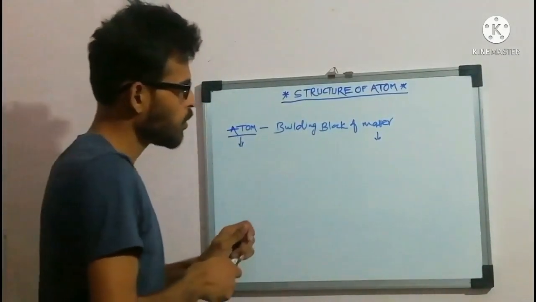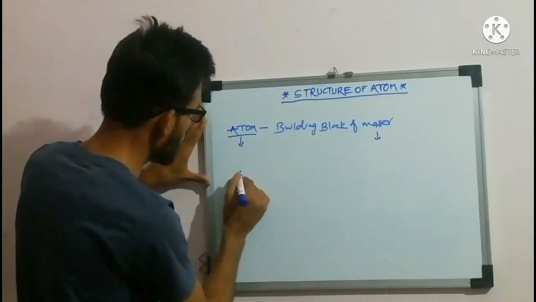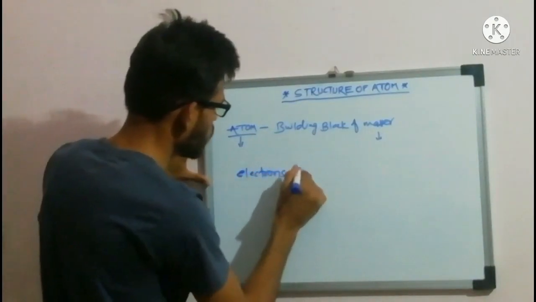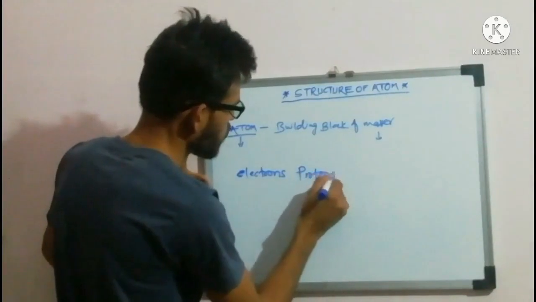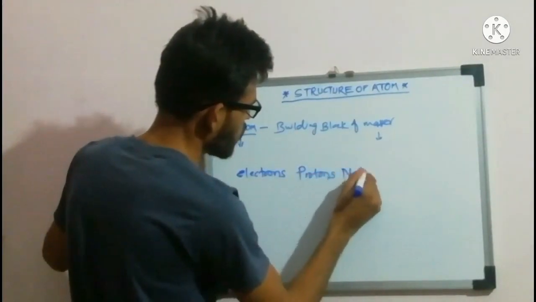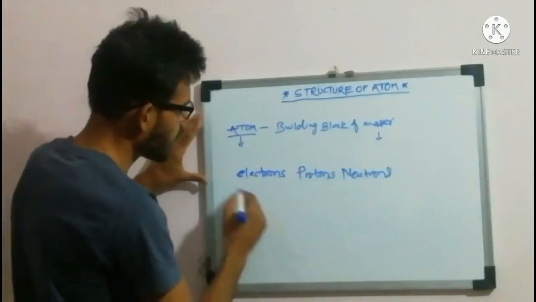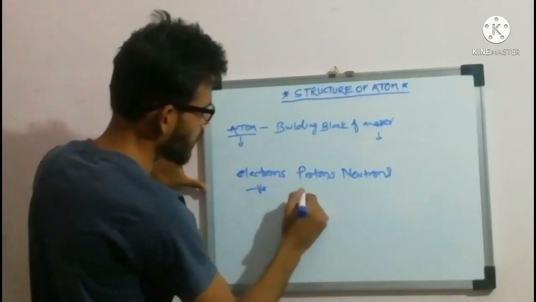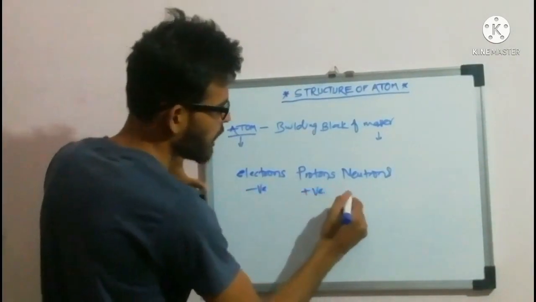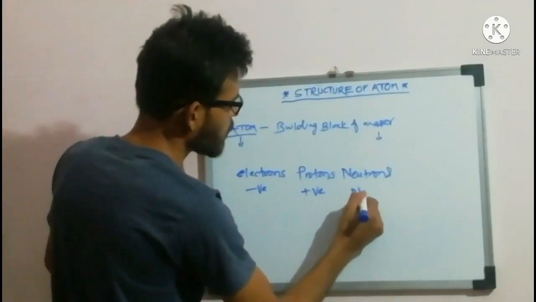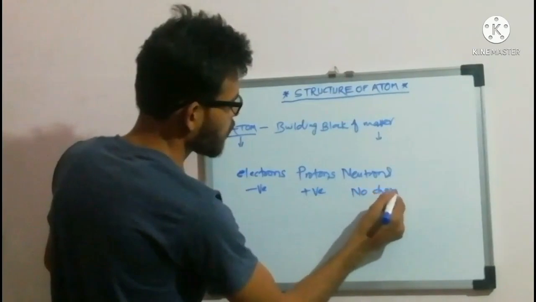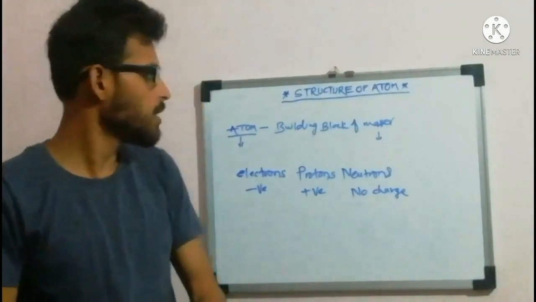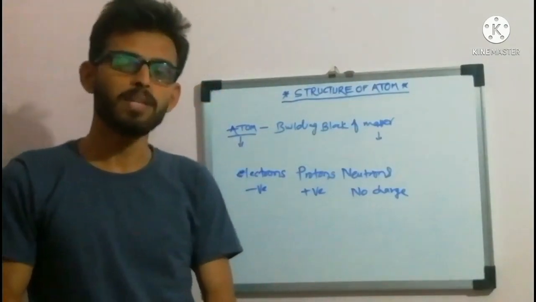Electron has a negative charge, proton has a positive charge and neutron is chargeless, it has no charge. Neutron, proton and electrons are the subatomic particles present in the atom.